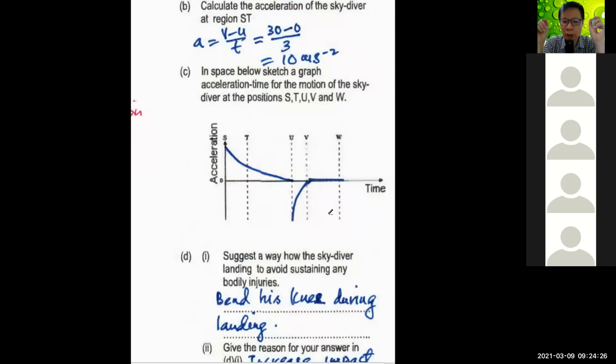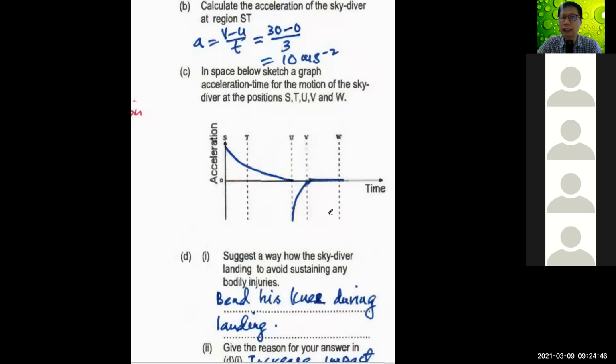By bending your knee during landing, you are extending the impact time. You make the time of impact between your leg and the ground longer, because it is a little bit elastic: when you land, you bend your knee, then you stand up.